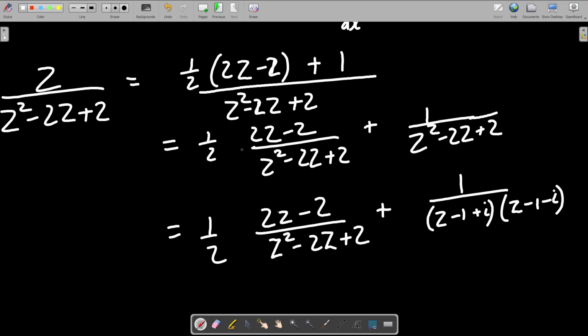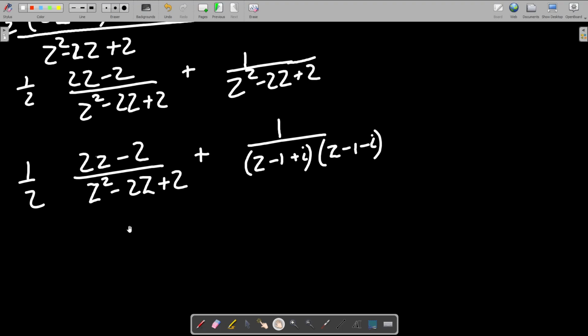This I can use partial fractions now. I think this will be an easy split, so I don't have to worry about this. Let me just try this. I'll try to do it manually. So if possible, you write this as z minus 1 plus i, and you write this as z minus 1 minus i.